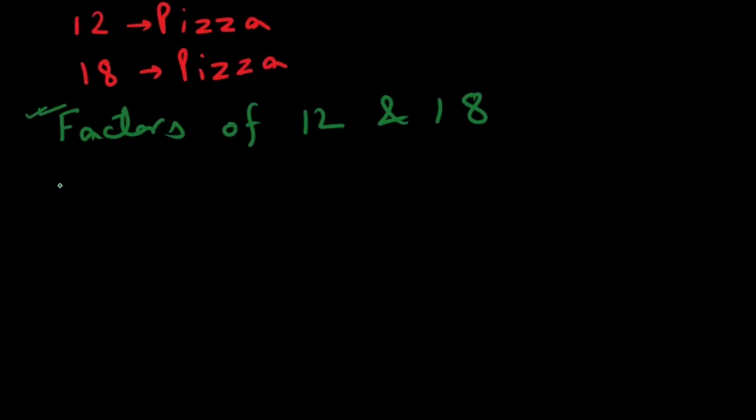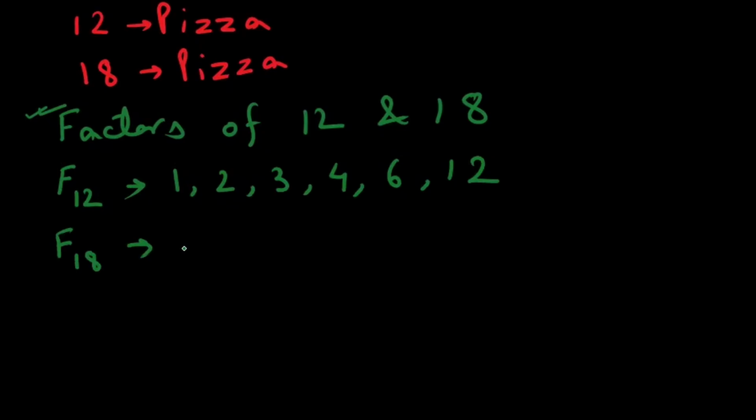Okay, first we will find the factors of 12. What will be the factors of 12? 1, 2, 3, 4, 6, and 12. And the factors of 18 will be 1, 2, 3, 6, 9, and the number itself.